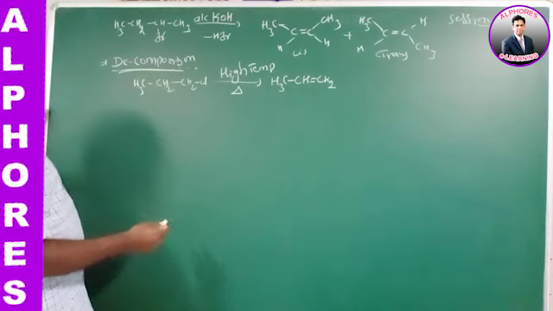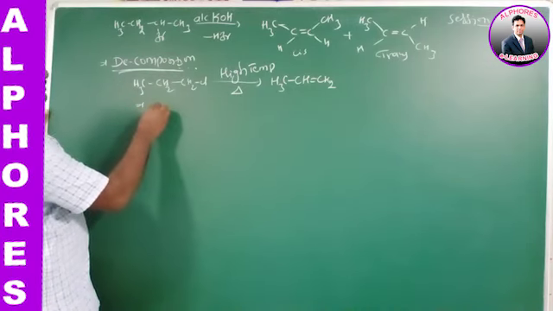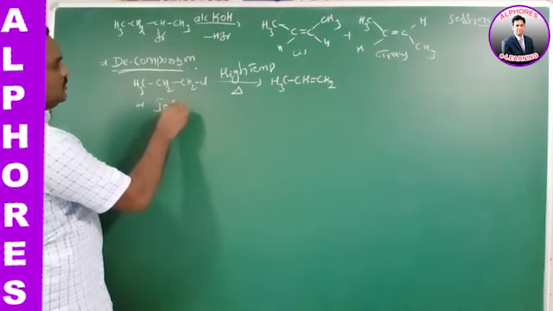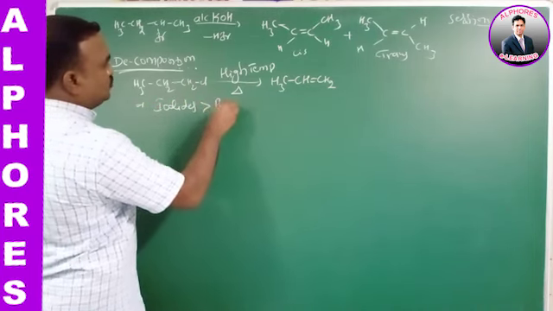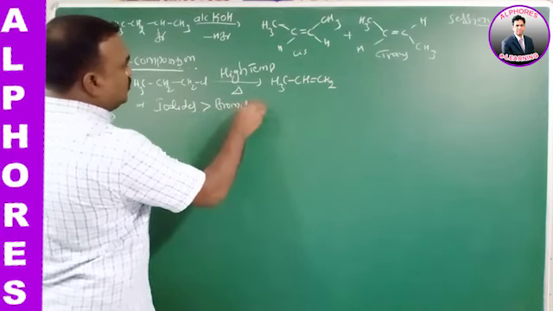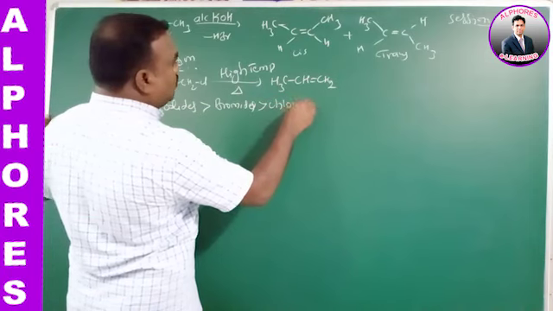Wherever a decomposition reaction is given, the reactivity order is: iodides are more reactive when compared to bromides, and bromides are more reactive when compared to chlorides.